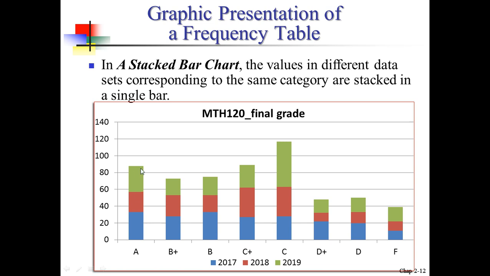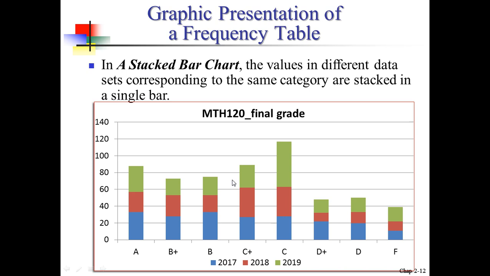If we have 10, we have 10 different parts in one bar for one category. So this is a little bit easier to use, because even though we have 10 or 5, we only have one bar in one group or one class.